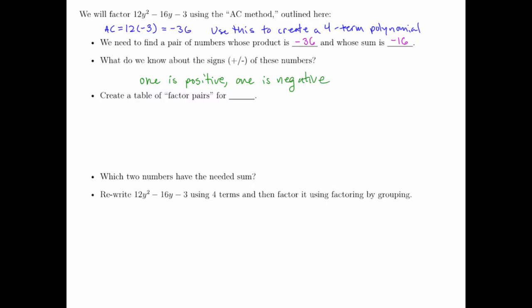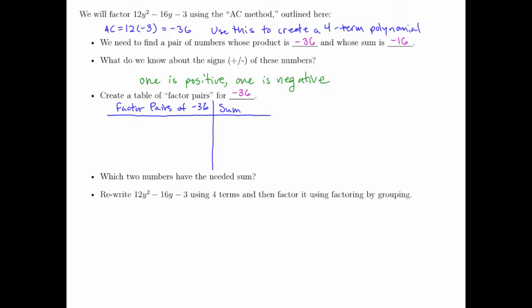So we're going to create a table of factor pairs now for the number negative 36. And we'll look at which one has the sum of negative 16. And we may need to create a second table here.